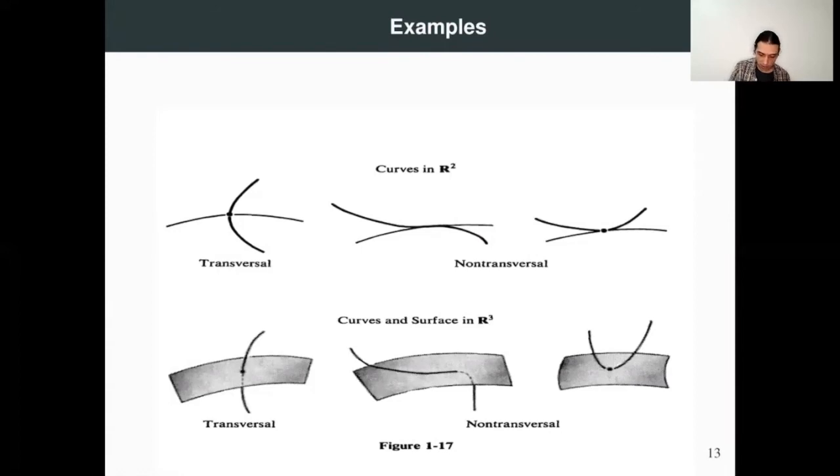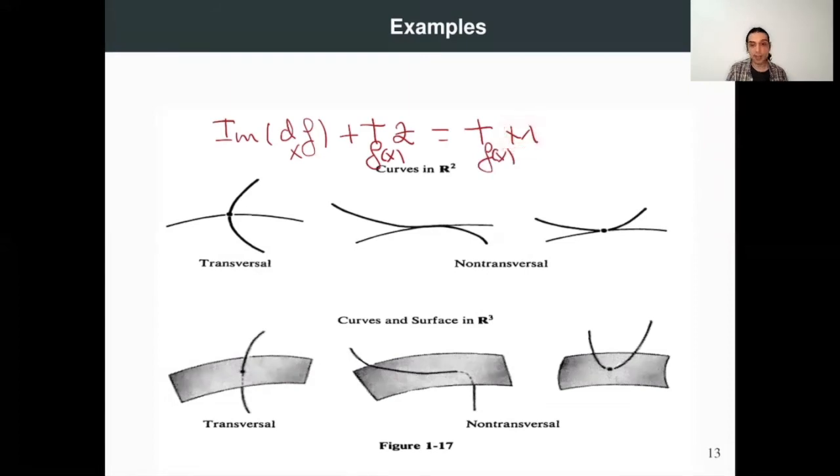The condition is that the image of the differential of f at x plus the tangent space of the submanifold at the image is equal to the tangent space of the ambient manifold at the point f(x). So what the ambient manifold is, is important in order to know whether or not, for instance, two submanifolds are transversal.